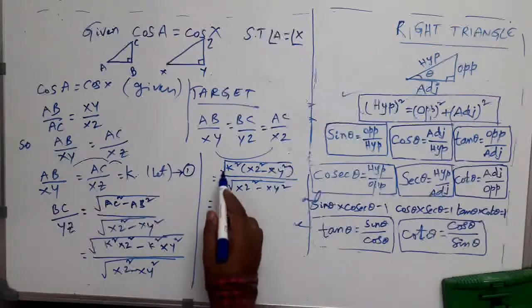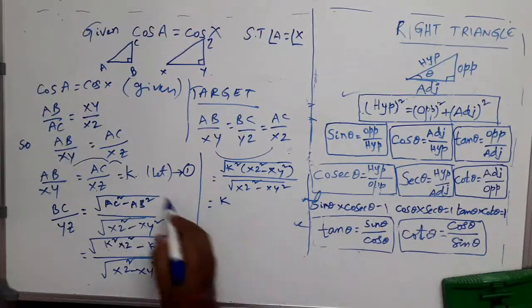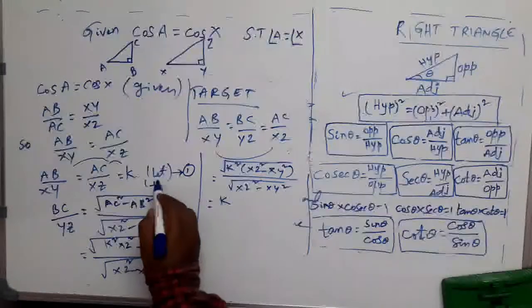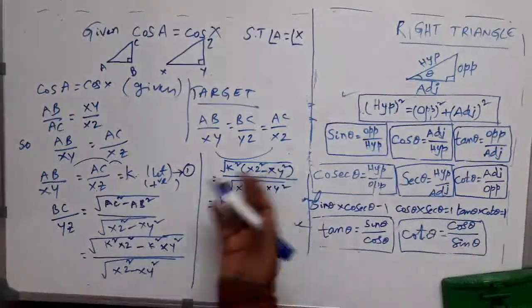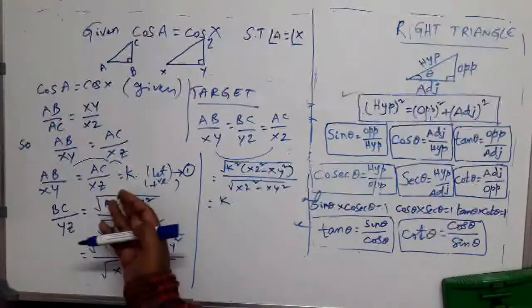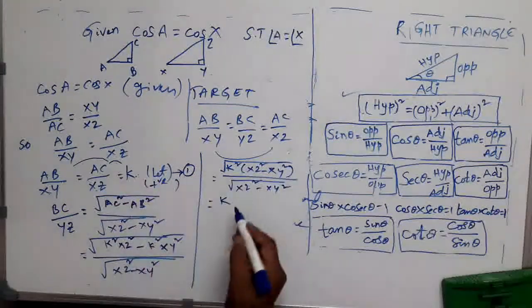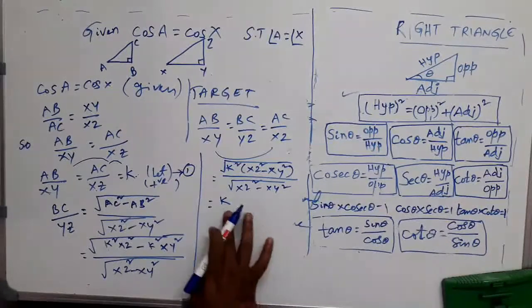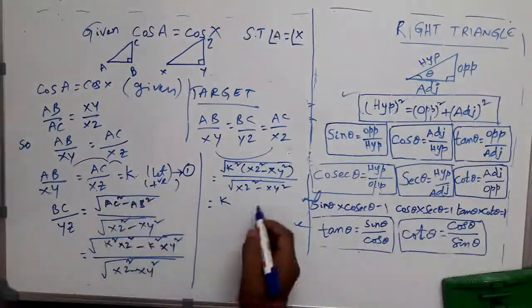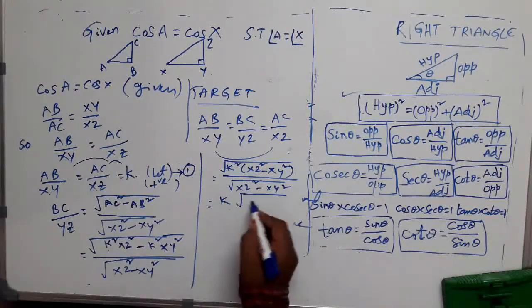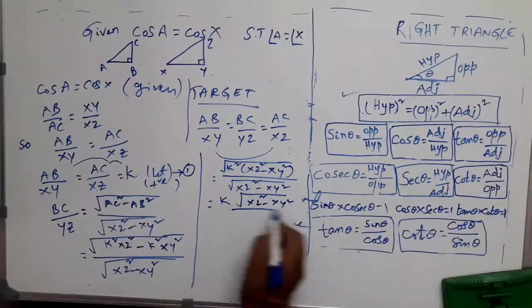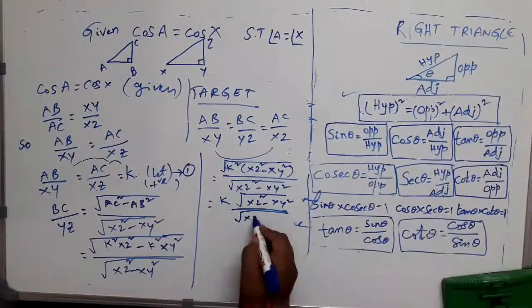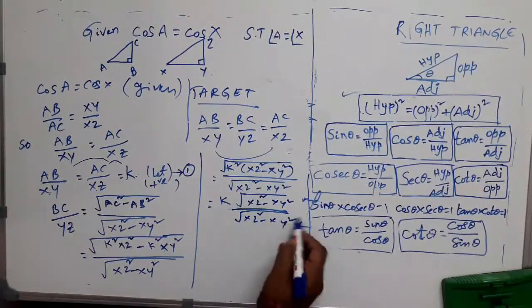This is root of K square multiplied by root of this, can I write? Root of K square is K. Of course, K is some positive number, right? Some positive K, as we have done in earlier questions also. You write the step here, where K is a positive number. So root of K square can be written as K, because K is positive, we know already. So into root of XZ square minus XY square divided by root of XZ square minus XY square.